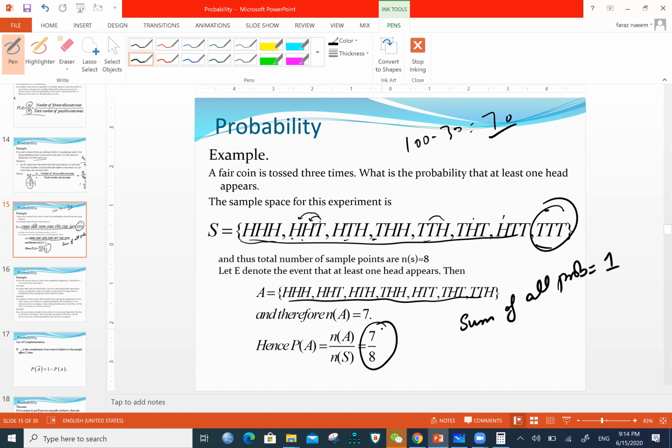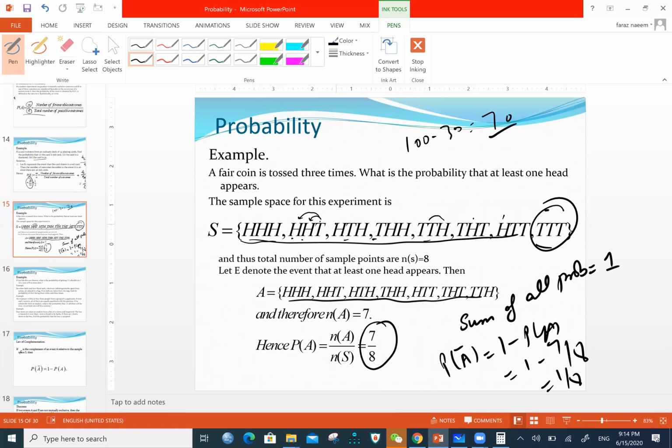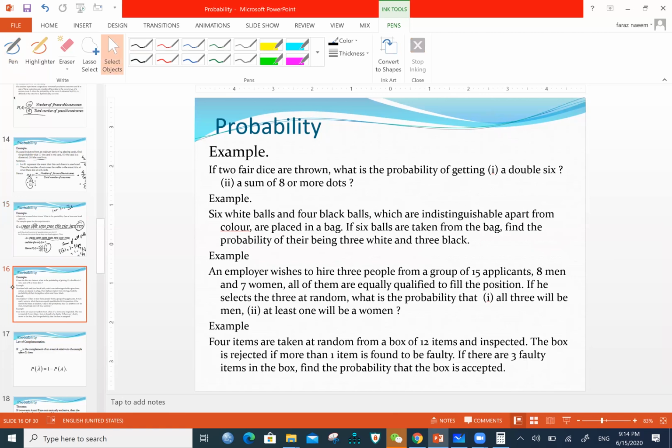If we ask what is the probability no head appears, we subtract 7 by 8 from the total probability 1, so it would be 1 by 8. This is how we apply law of complement. It is called law of complement because we know that the total probability is 1, so we can subtract from the total probability and get the answer.